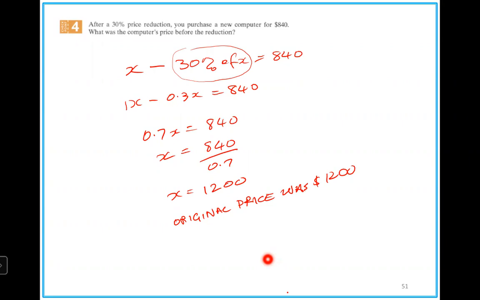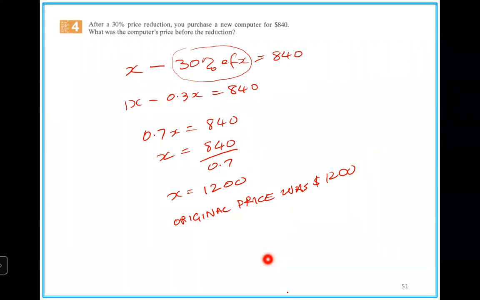Once you find that out, you take it away from the 1200, and then that should give you the result. So 30% of that is 360. And when we subtract 360 from 1200, we get 840. Right. So that shows then that your answer is correct.